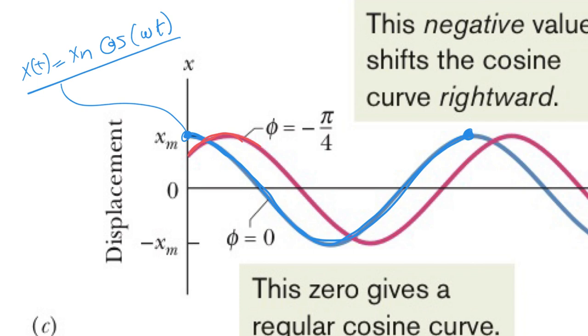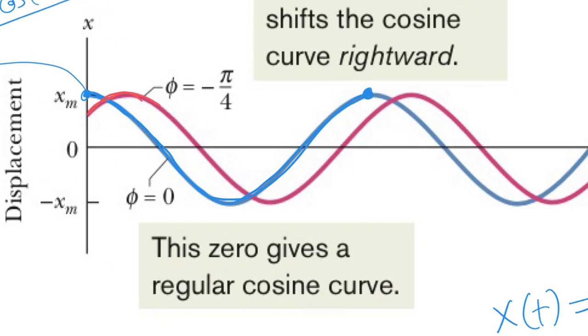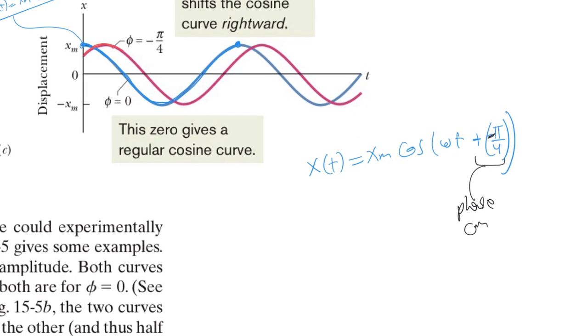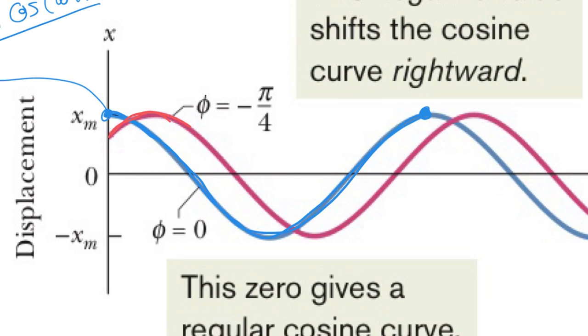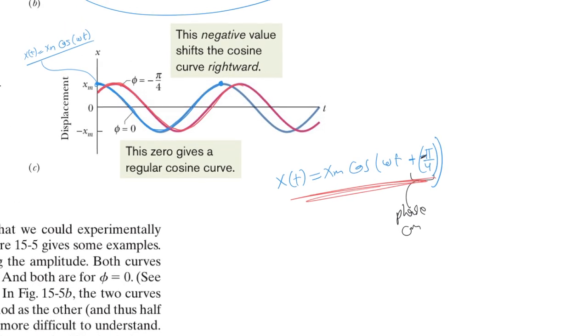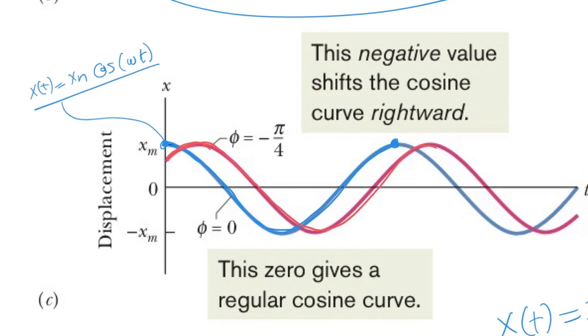So the shape of the cosine function will not be the regular one, but will be another one like that. This is the phase constant. When we add it to the cosine function with minus, this will make the wave move rightward.